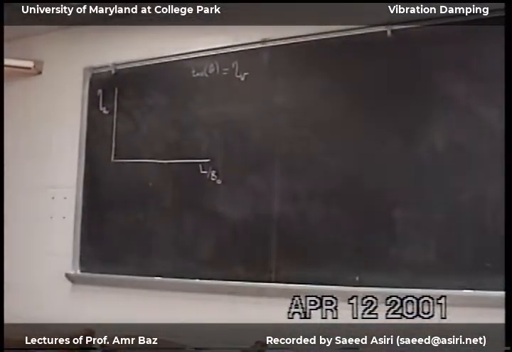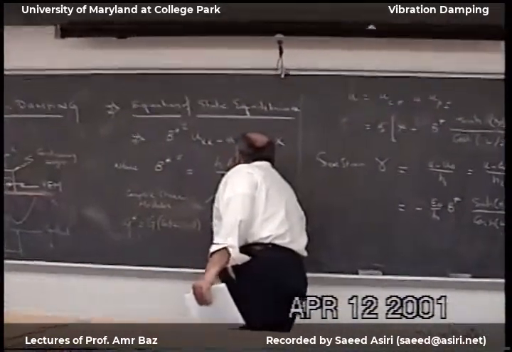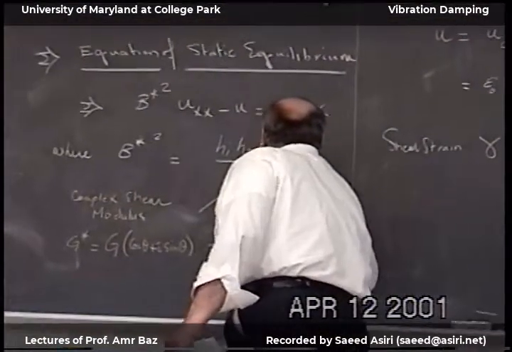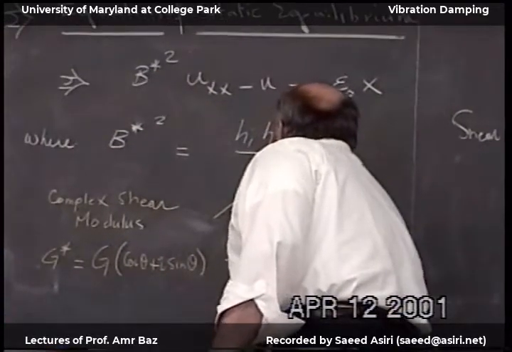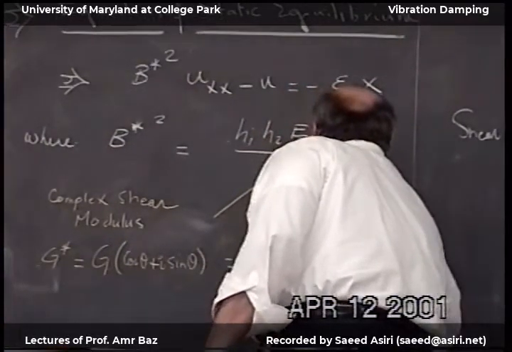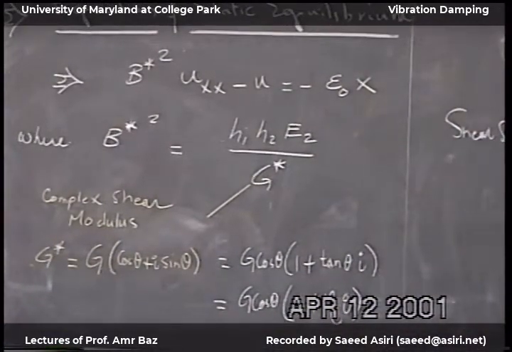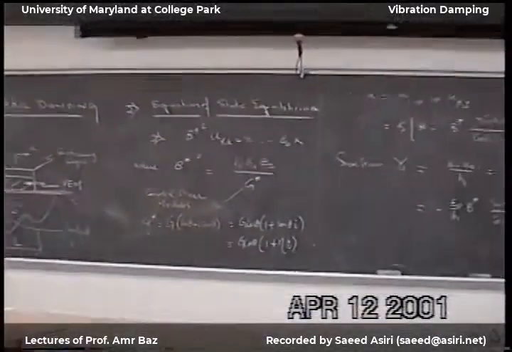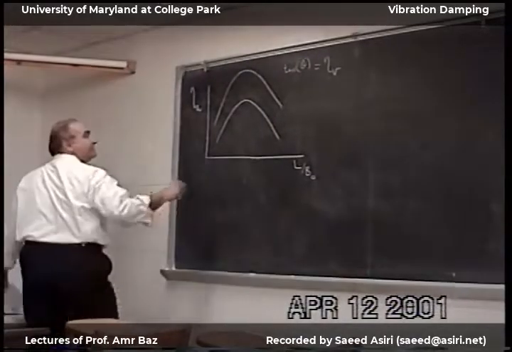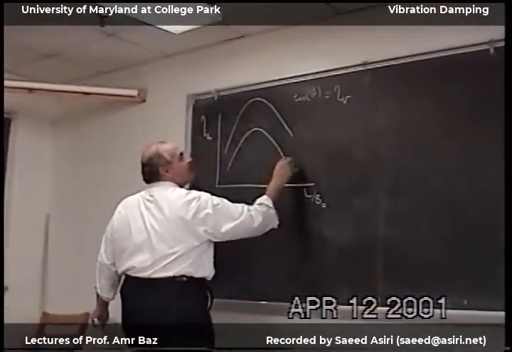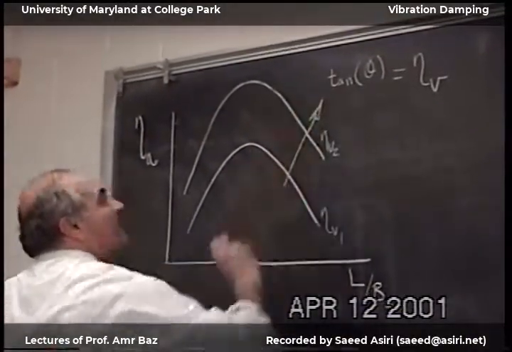From here, this will equal G cosine theta, 1 plus tan theta I, 1 plus A tan I. So now from this equation, I can draw graphs like this, and each one of them for a different eta V, and eta is increasing in this direction.